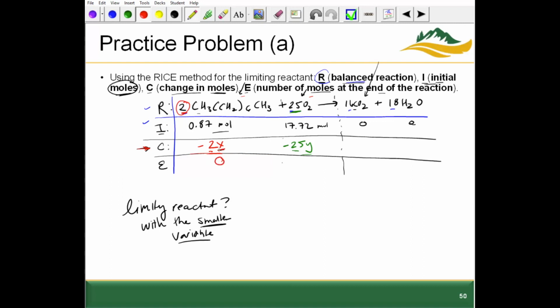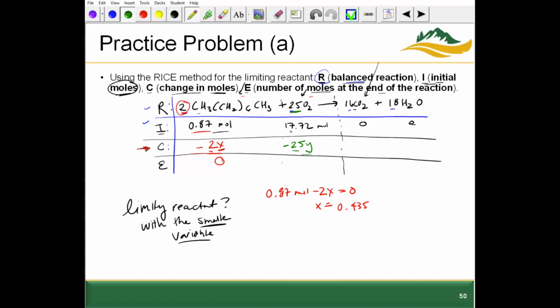To solve for this variable x, we're going to take 0.87 moles of octane initially, minus 2x equals 0. Solve for x. So 0.87 minus 2x equals 0. X here for octane is 0.435.